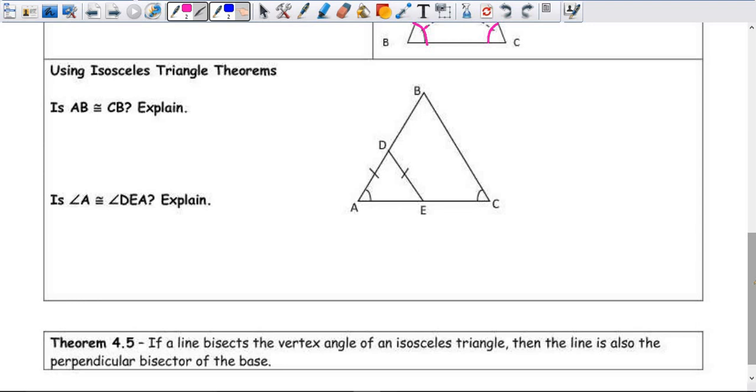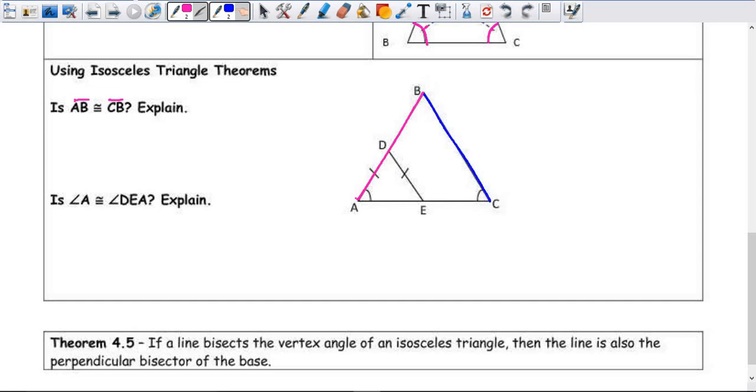So is AB congruent to CB? Let's look. If I'm looking at sides here, then if I'm using the isosceles triangle theorem, I want to see if the base angles that go with it are congruent. So AB is this side, and BC is this side here.